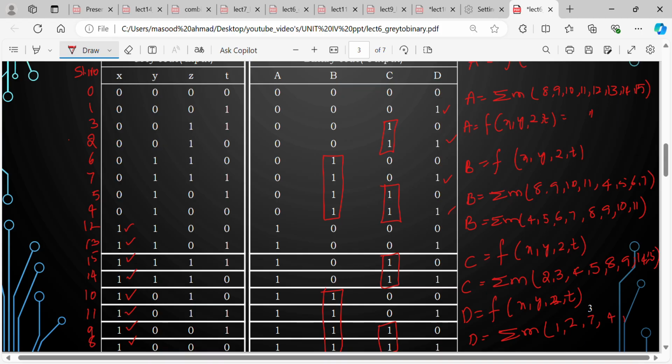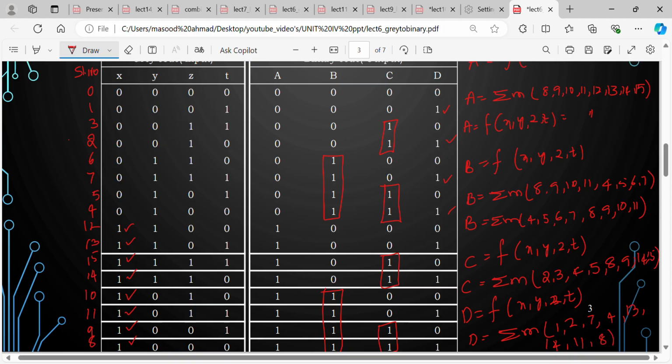By looking at it, alternate numbers you can write, right? So for 0, 1, 3 is not there, 2 is there; 6 is not there, 7 is there; 5 is not there, 4 is there; then 12 is not there, 13 is there; after 13, 15 is not there, 14; then 10 is not there, 11; then 9 is not there, 8.